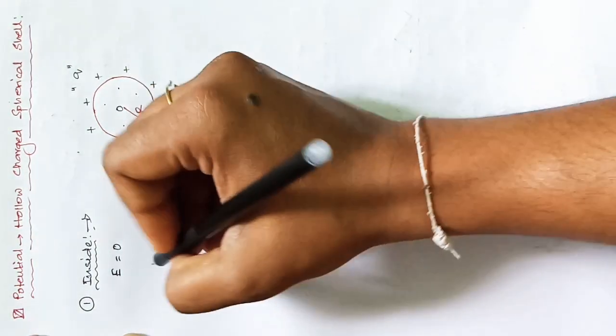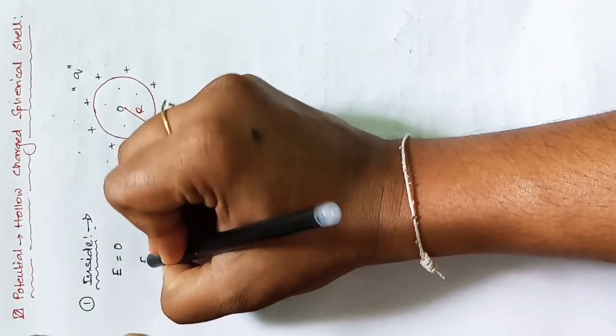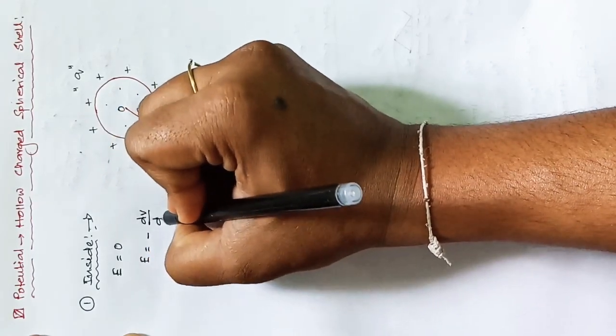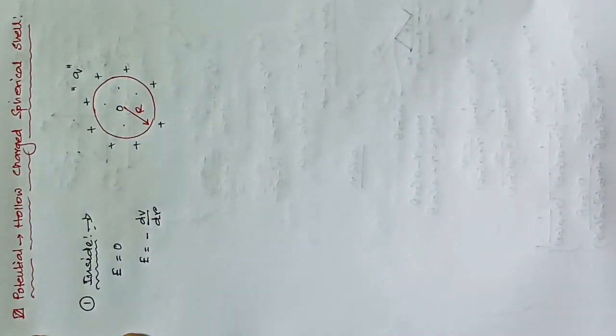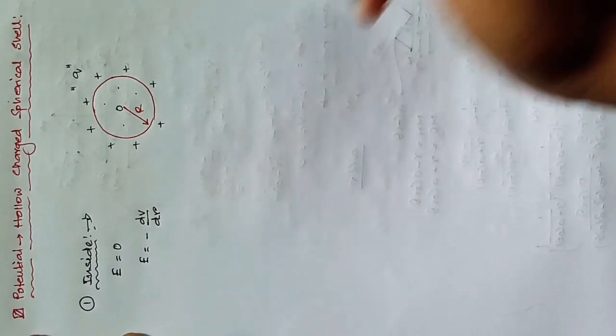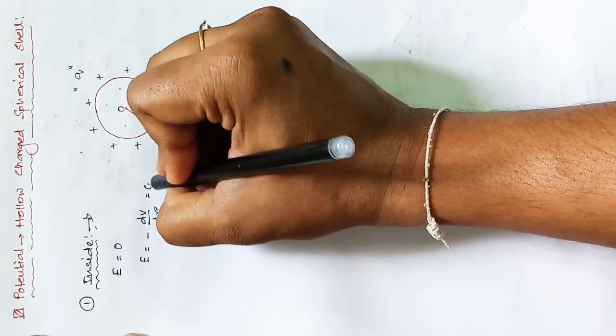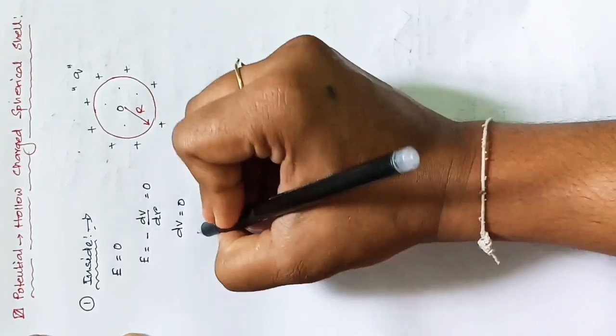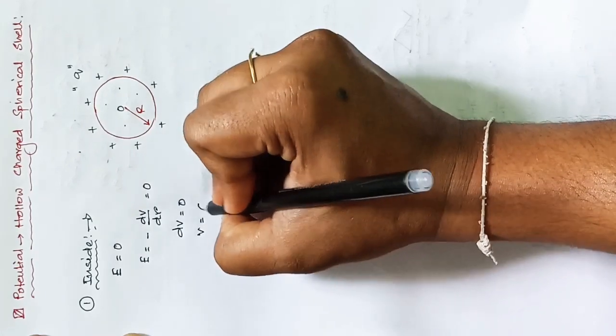Now we have the relation between electric field and potential, that E equals to minus dV by dr, means the negative of the potential gradient. As this is equals to 0, so dV equals to 0, or V equals to constant.